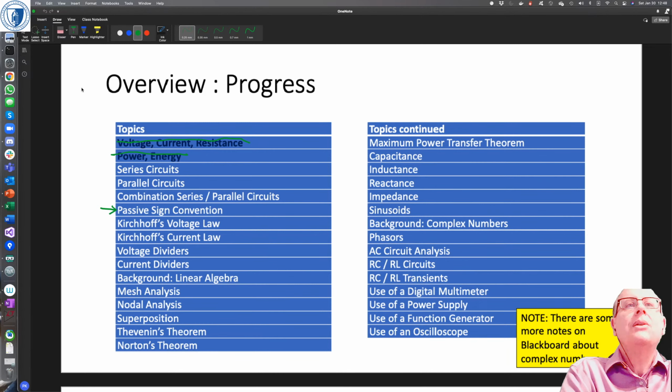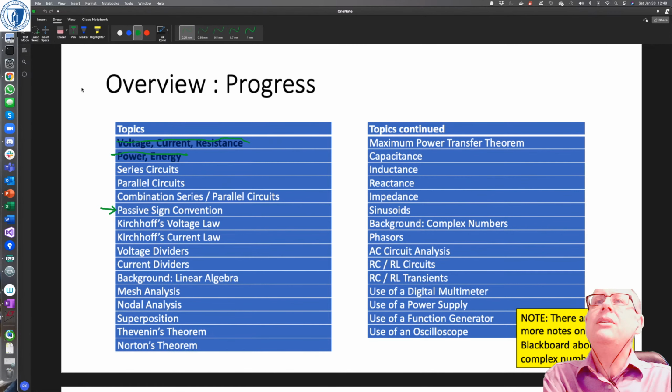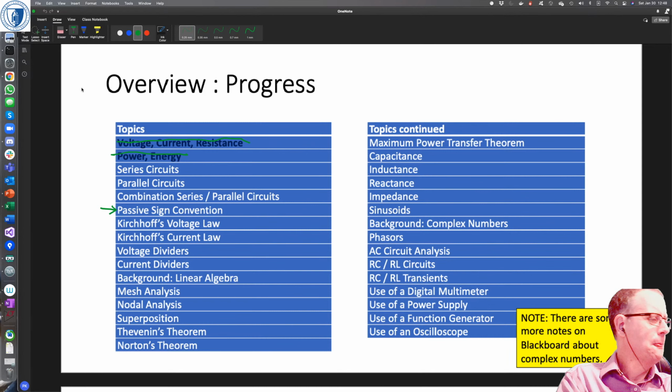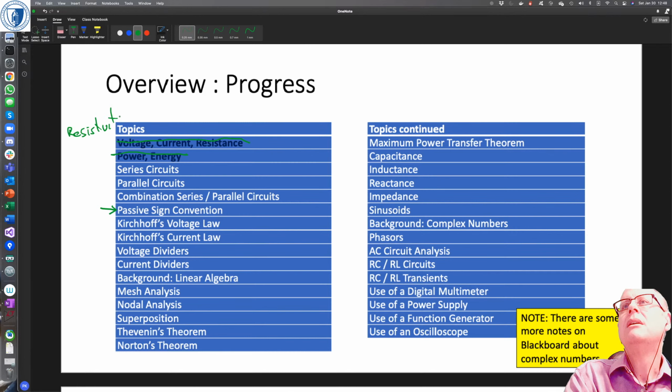There's still lots of other stuff we need to talk about, and the other two things we've talked about today that are not in this list are resistivity and the change in resistance with temperature.